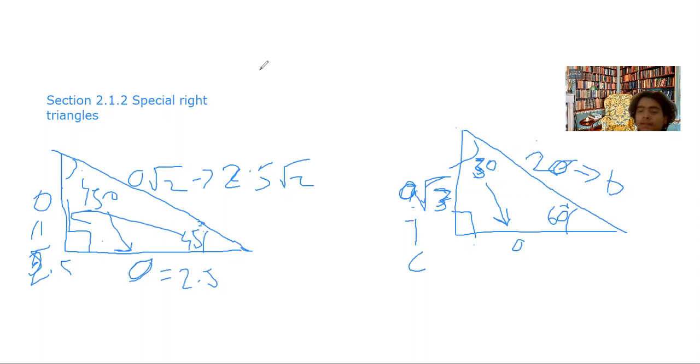For a 30, 60, 90 triangle, let's say the value of A is 2.7. What is the value of B? The value of B would be 2 multiplied by 2.7, so it's going to be 5.4. Exactly, 5.4. And the value of C is going to be 2.7 times the square root of 3.